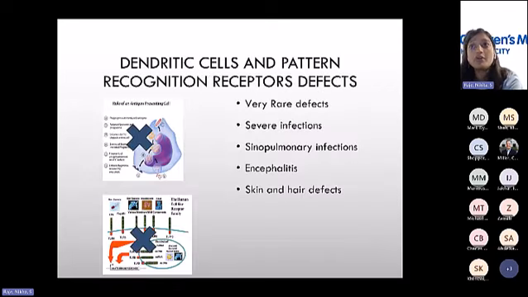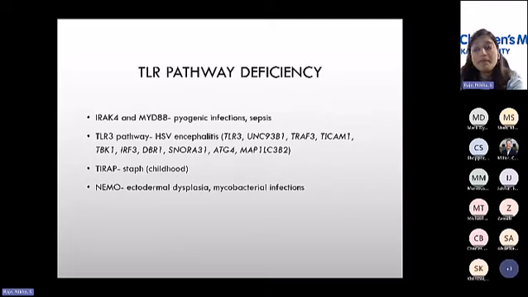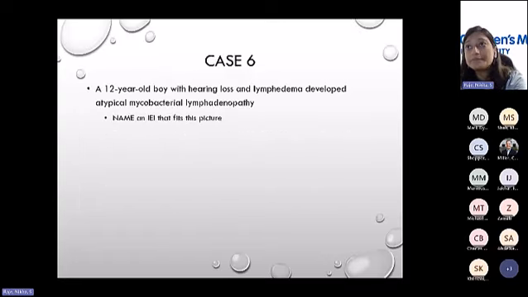Think about TLR or pattern recognition receptor defects, which are pretty rare. Some of them, such as TLR3 pathway defect, can present with very specific infections like HSV encephalitis. IRAK4 and MyD88 can present with pyogenic infections where there is no fever, no elevation of inflammatory markers, but these patients can be pretty sick.